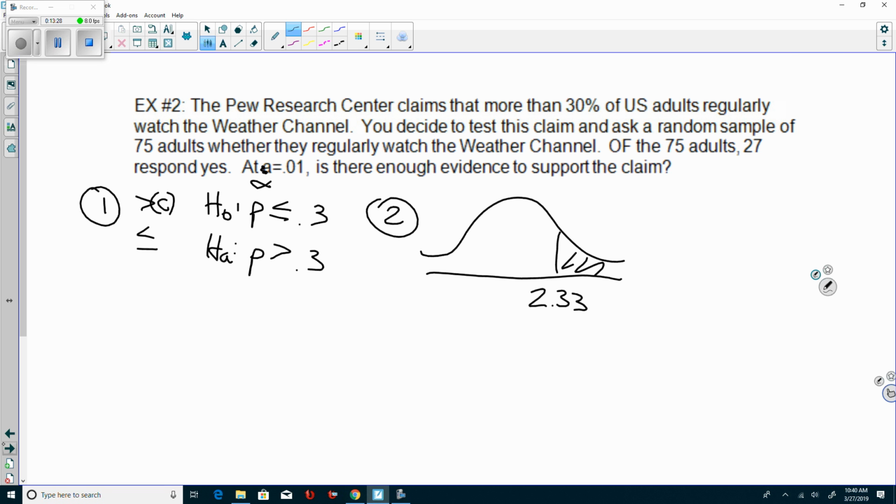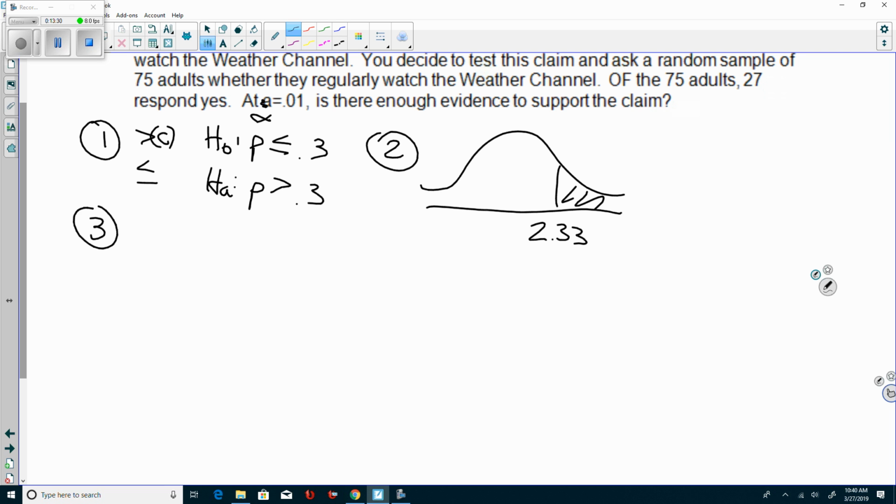And when you get down to putting into your formula, p hat is 27 over 75. Put that in your calculator quick. 27 divided by 75, decimal, enter. What do you get?